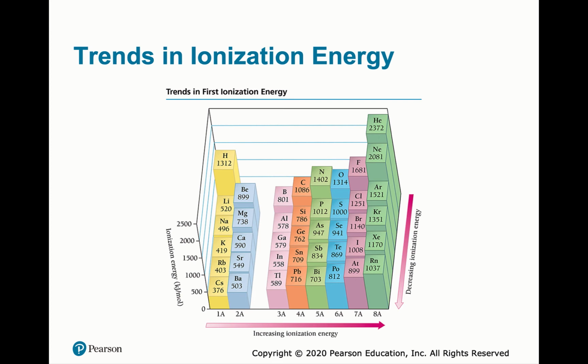I'm not the one making the rules. This is what we're observing, and that's the reason why. And you can see there's the same trend for phosphorus and sulfur. But then you get to antimony, Sb, and tellurium. It returns. So that's weird. We had a trend, and then it switches on us.